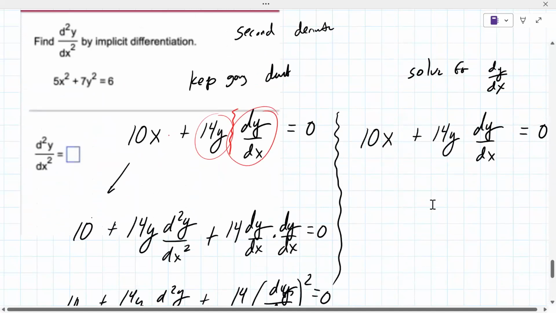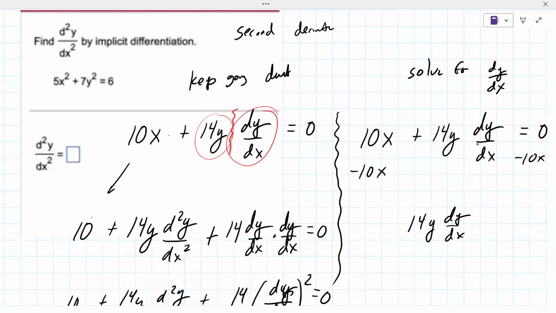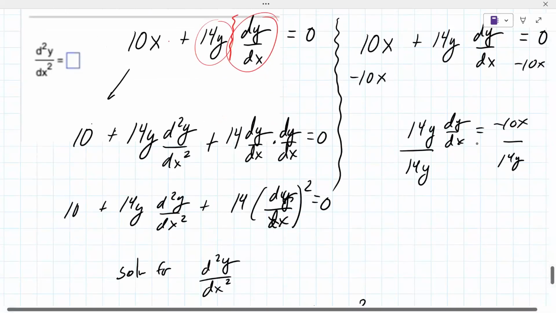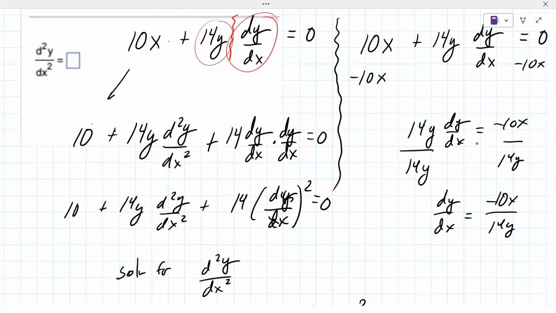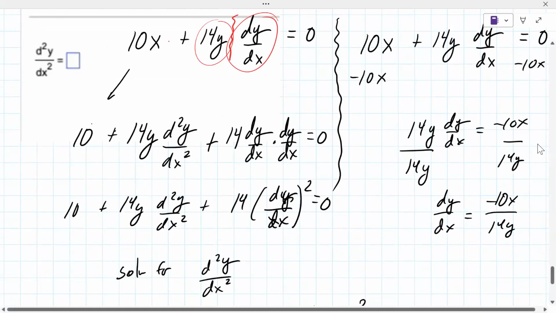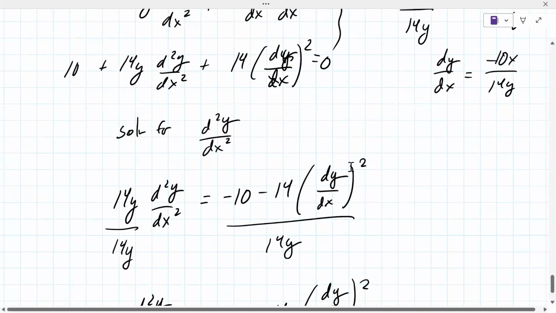I'm sorry for all the scrolling, but we do need to solve this for dy/dx. So you have to subtract 10x from both sides. Divide by 14y. So we have dy/dx equals minus 10x over 14y. That is what's going into this parentheses here.